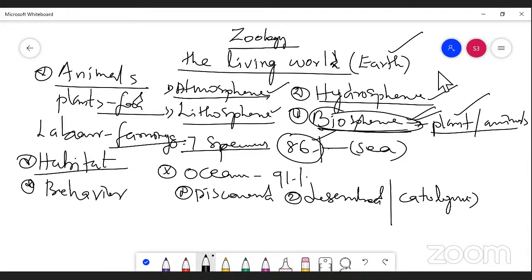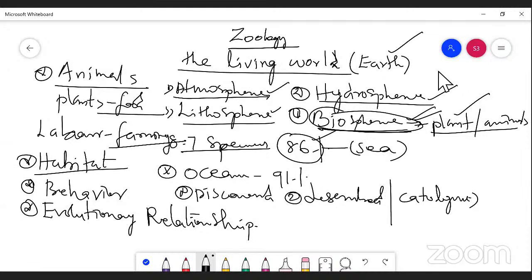Next is the evolutionary relationship, which is also very important, because with it you can guide animals and improve the populations.